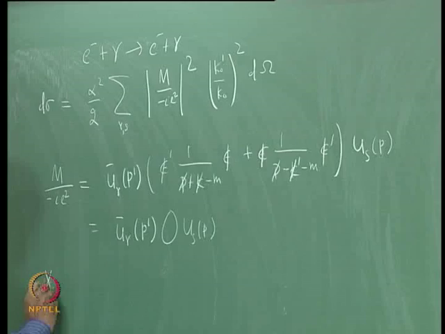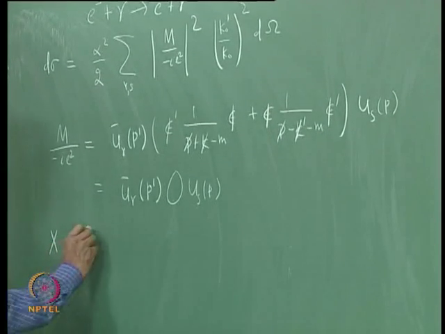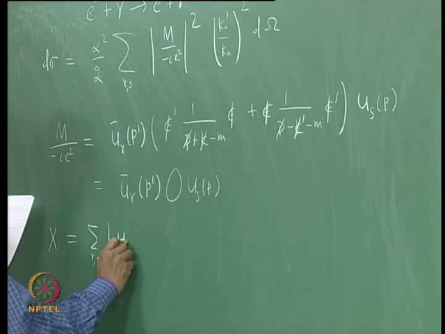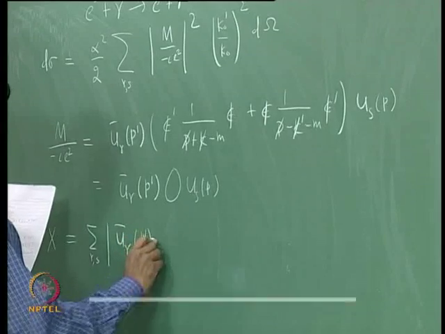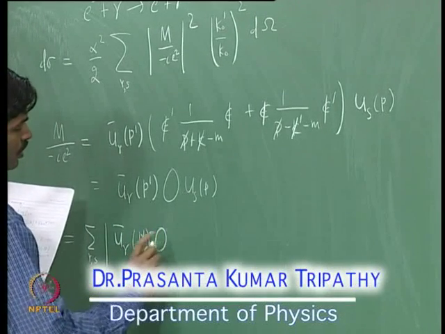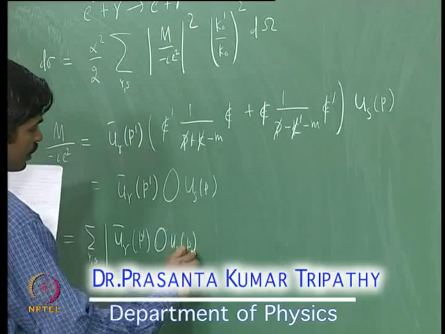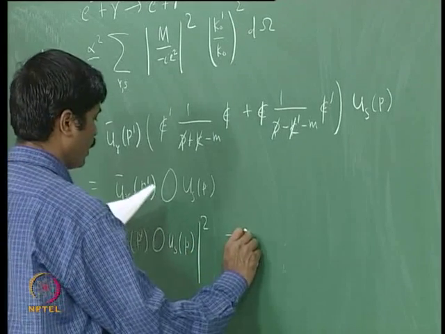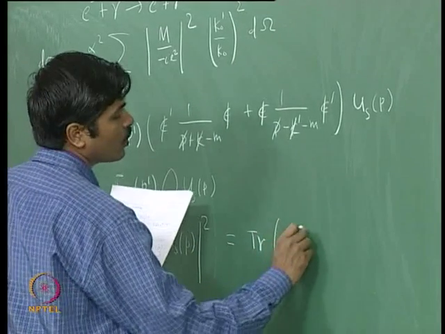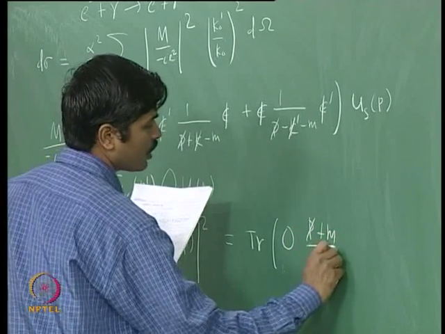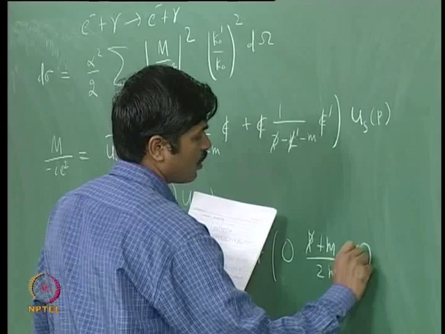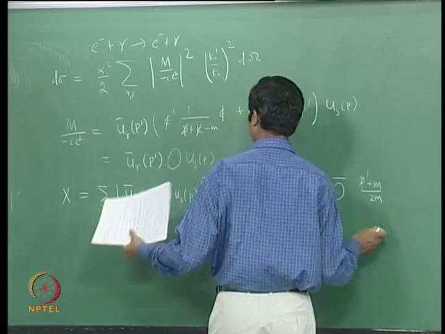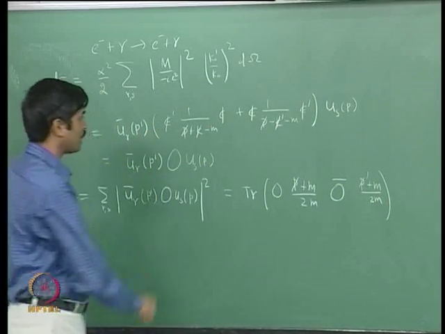So, I will denote this quantity X to be the sum over r, s of mod ū_r(p') O u_s(p) squared, and what we have seen is that this quantity is nothing but the trace of O (p slash plus m) over 2m, O bar (p' slash plus m) divided by 2m, where O is given by this quantity here.